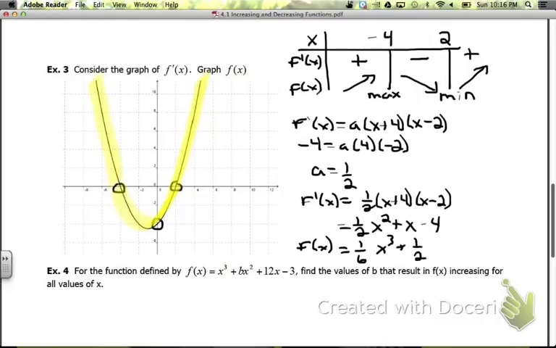Similarly, I'd have a half x squared minus 4x, and then I'd have a c value. So I won't know my exact values of my y's, I just know that at negative 4 I'm going to have a max, and at 2 I'm going to have a min value. So I'd have something that would be similar to this function here.